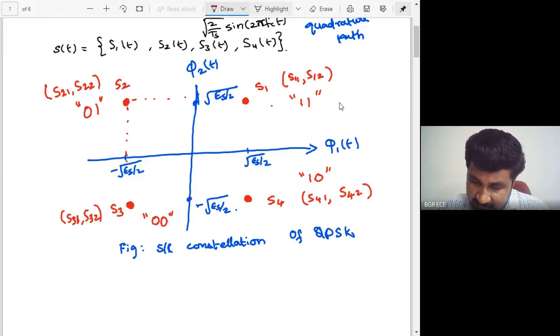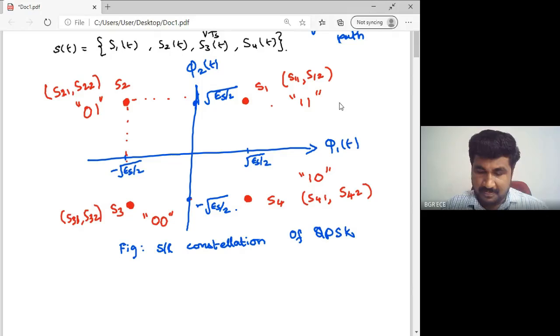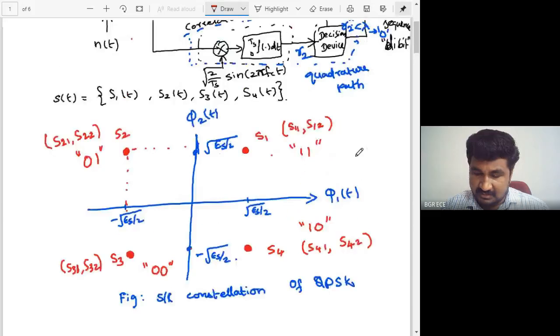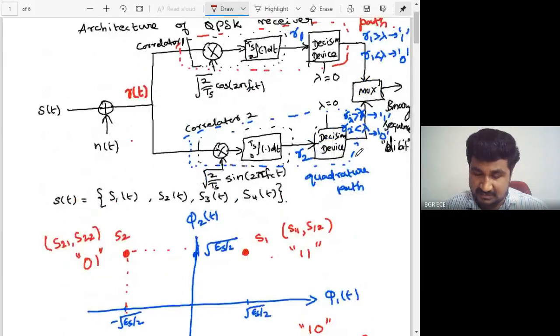And now let us write the expressions in mathematical form.